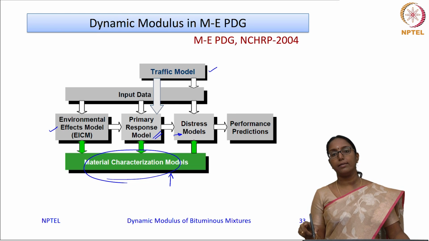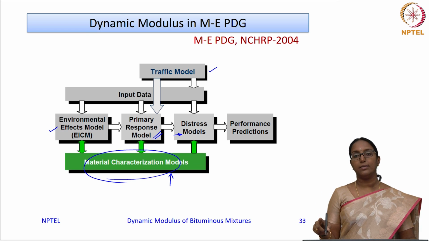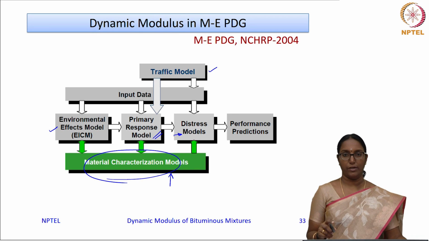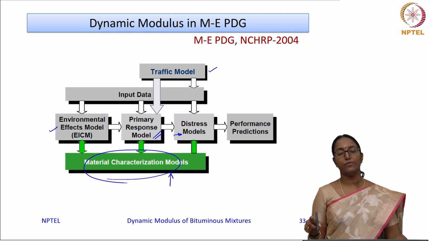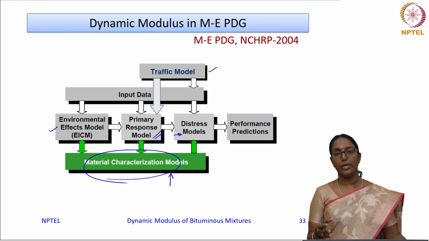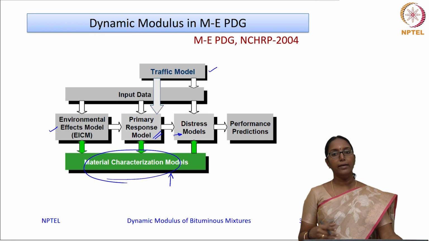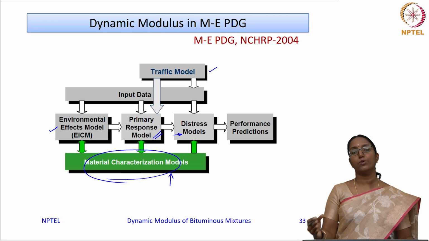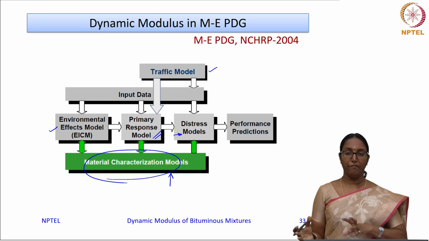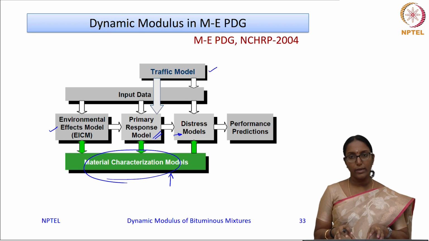Now, this has to be correlated to what happens in the field. So, the stresses and strains developed are correlated to the field rutting and fatigue behavior in the form of distress transfer functions, and in the distress transfer function you will check whether the pavement will sustain the type of loading without any failure in the form of rutting or fatigue cracking, and if it is satisfactory you will proceed with the different layer thicknesses and the materials that you have used, otherwise you will repeat the process. So, this is the whole outline of MEPDG.